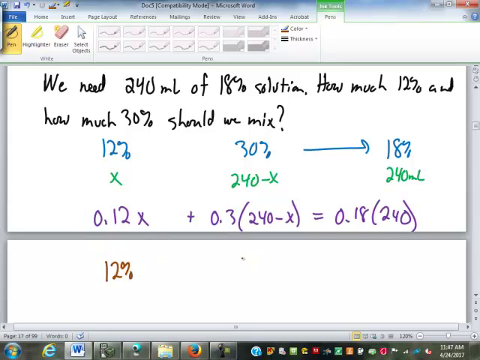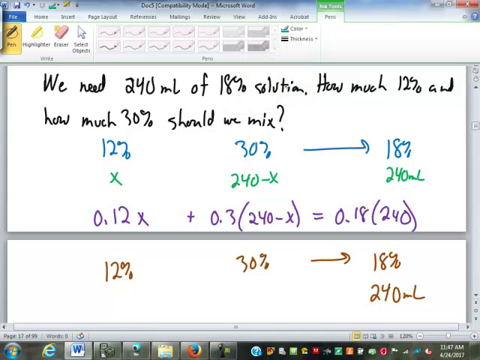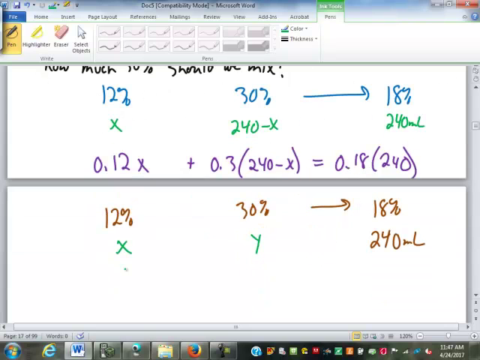What we were really doing there was something like this. 12% and 30% mixing to make 18%. We need 240 milliliters. We could have said the amount of the 12% is x, the amount of the 30% is y, so that 0.12x plus 0.3y equals 0.18 times 240 milliliters.